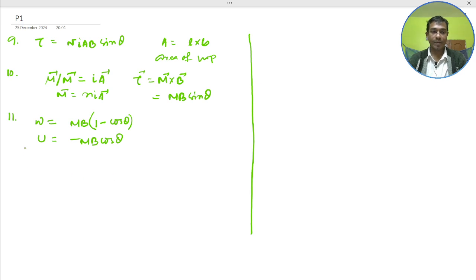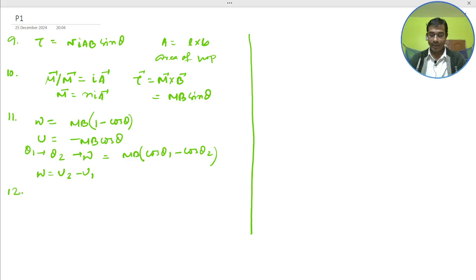And work done for angle theta 1 to theta 2, W is equal to M B (cos theta 1 minus cos theta 2). Basically W is U2 minus U1.